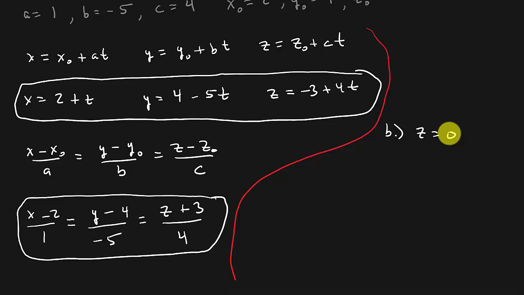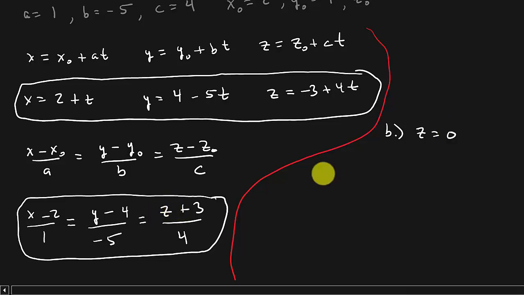So what can we do here? Well, let's plug 0 in for z. So I get x minus 2 over 1 equals y minus 4 over negative 5 equals 3/4, right? Because I'm plugging 0 in for z. And so now I've got x minus 2 over 1 is equal to 3/4, because all three of them are equal.